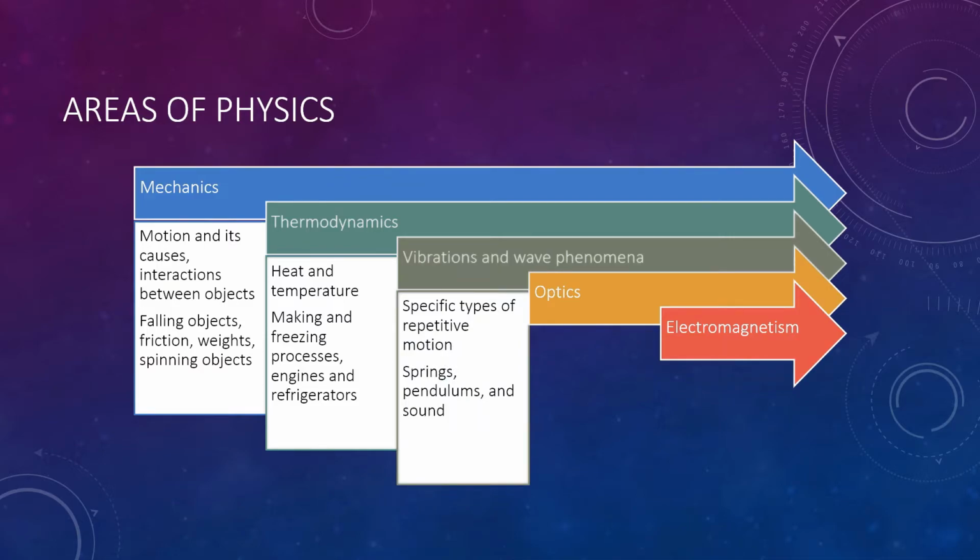Vibrations and wave phenomena is more to do with what's repeating, right? So think about dampeners in your car, shock absorption in your car, or think about the vibrations in your laundry machines at home or dishwashers at home. All of those things are being dampened somehow.